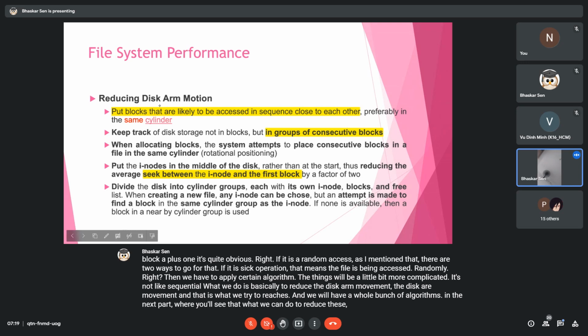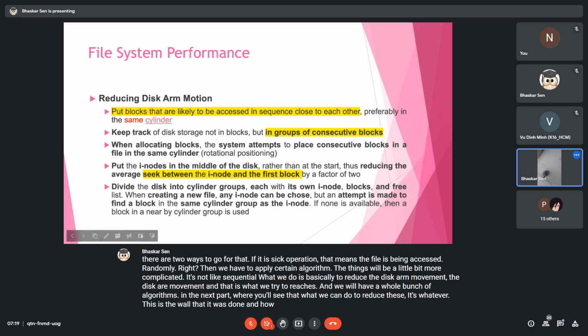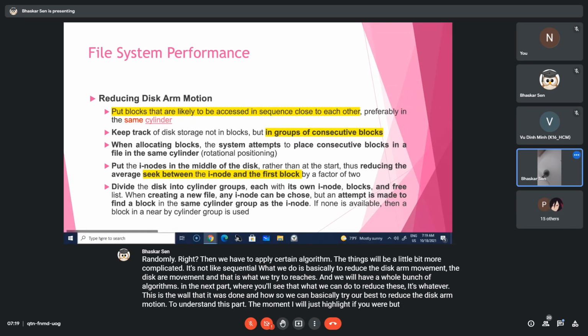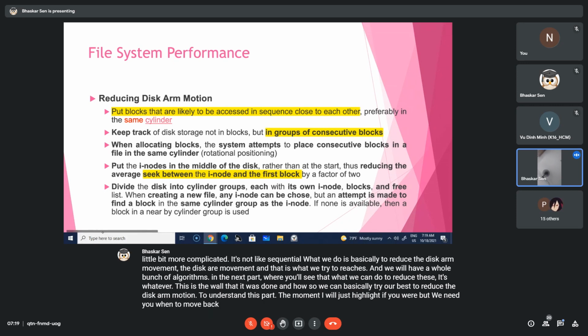Well, this is the one that it was talking about. Now, how to reduce it? We can basically try our best to reduce the disk arm motion. To understand this part, for the moment I will just highlight a few words, but we need to move back to understand the disk structure and what is what.